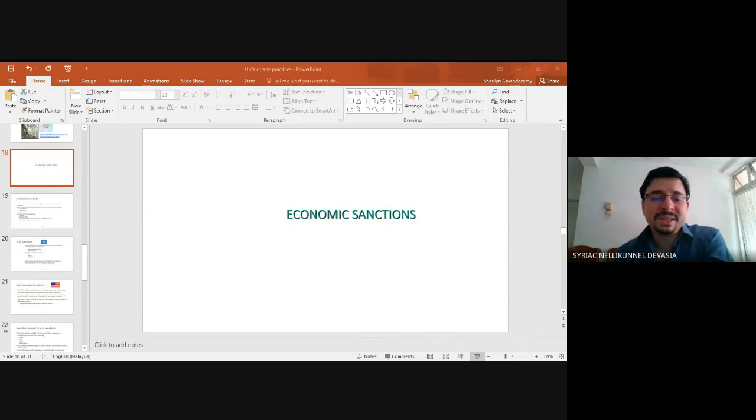So many countries and international organizations impose economic sanctions. International organizations can be the United Nations, and countries like the United States, or the European Union. Normally, only the most rich and powerful countries can go for economic sanctions. Otherwise, nobody cares about your sanctions. Okay, if America sanctions, definitely it becomes a sanction.